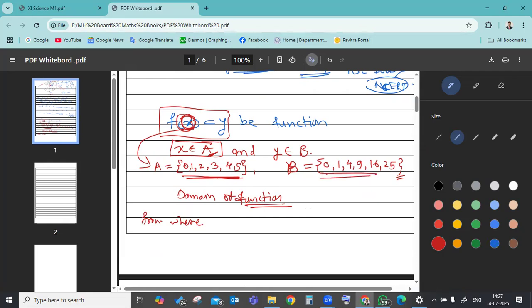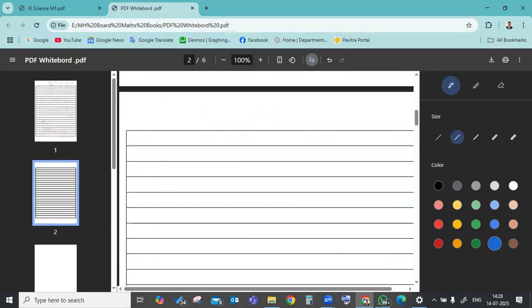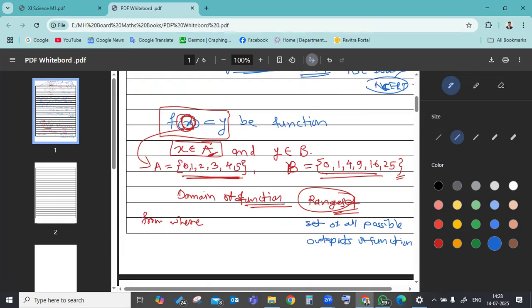Okay. Now this set, the range set. Range set is what? Set of outputs. Set of all possible outputs of the function is called the range set.